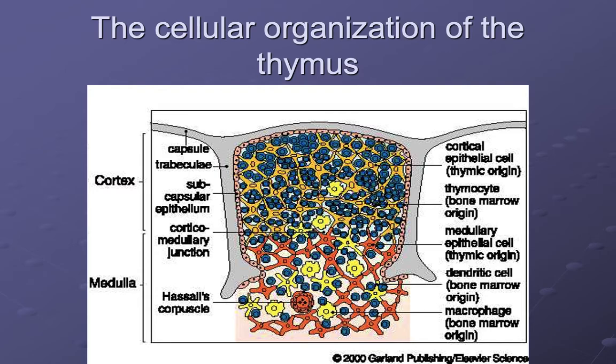Now, these epithelial cells have a variety of types, but to be specific, we qualify them as epithelioreticular cells. If we examine the capsule or one lobular area of the thymus, as we can see here, the epithelial cells form a lining in the subcapsular region of the thymus.